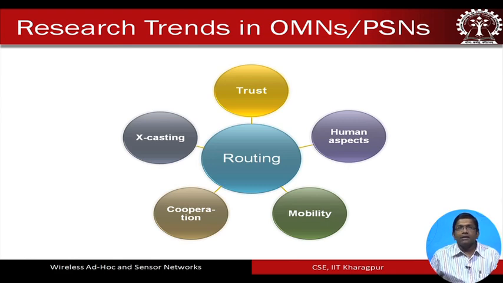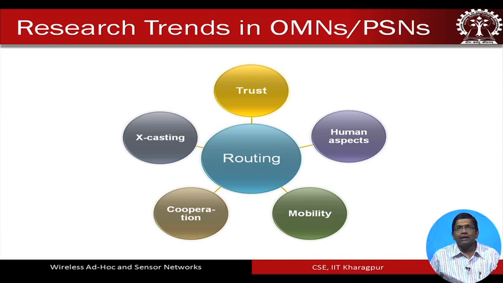Similarly, there is a lot of research on the issue of trust in OMNs, and on the issue of mobility: how the nodes are going to move, whether there is going to be passive mobility or active mobility, how the nodes are going to be encouraged to move in a certain way, and so forth. There are a large number of issues with respect to mobility of nodes in OMNs, which have also drawn interest in the research community.